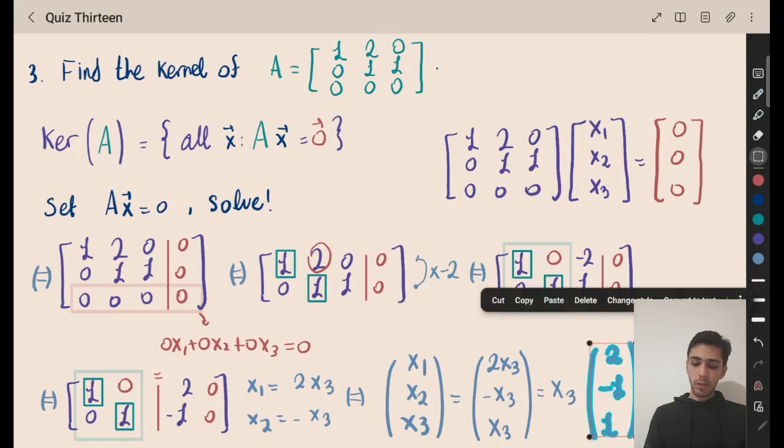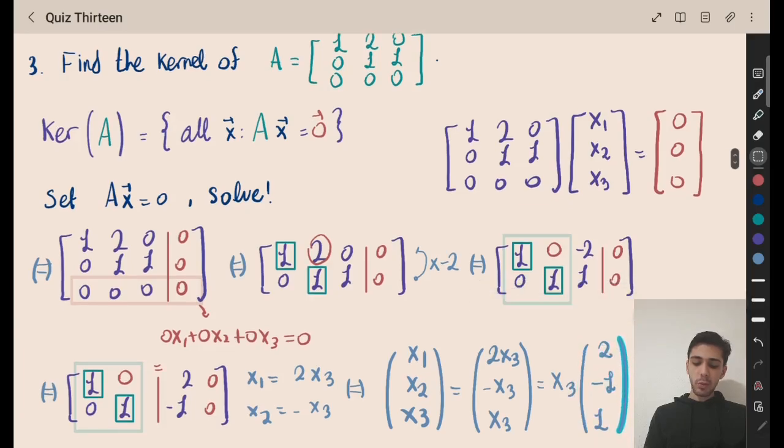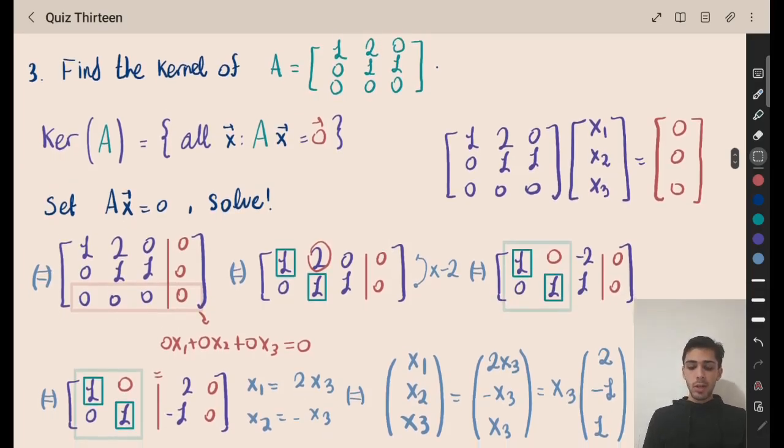Now, there is a point that I would like to mention, and that is x3 can be any number. We have 3 equations and 3 variables, so we have 1 degree of freedom in a sense.